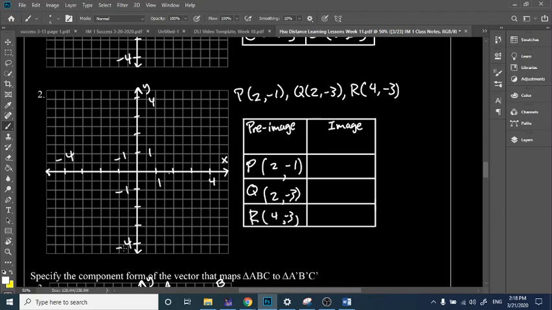I don't think this one's gonna go past anything. Let me remind us the vector is this. It's negative 4 and then 1. So we're going to have x minus 4, y plus 1.